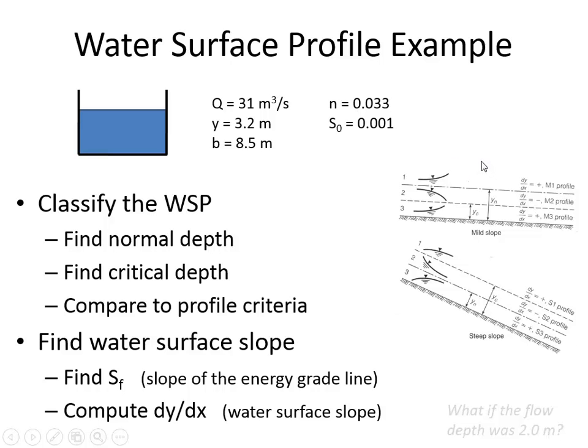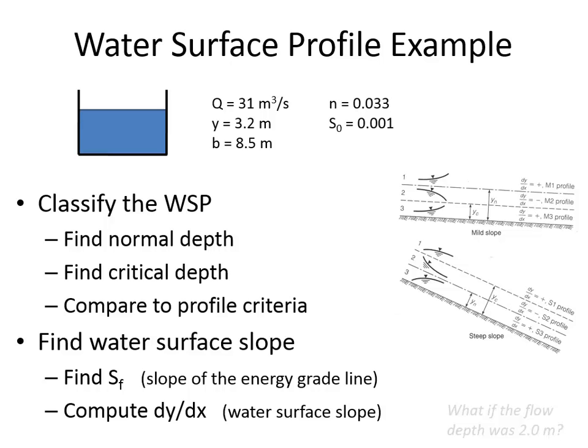So we've got an M1 profile because M is based on the comparison of normal and critical depth, and then 1 is based on where this flow depth of 3.2 meters fits inside of those 3 zones. Now just from the diagram we can tell that dy/dx is positive, and so it's going to be getting deeper in the direction of flow. So we'll keep that in mind.